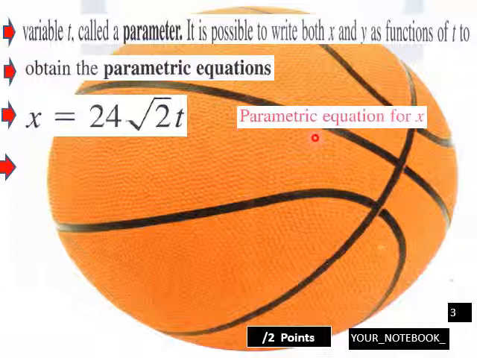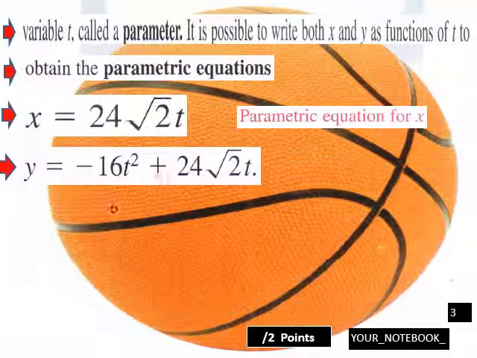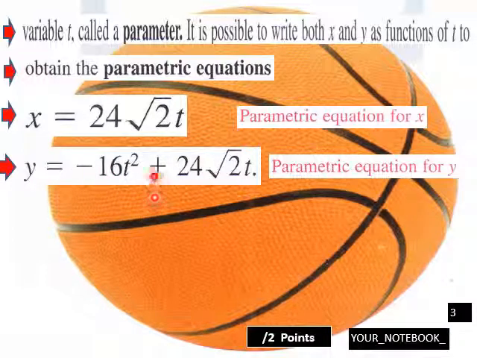So this would be called a parametric equation. We're going to alter it with this t here. Then y equals negative 16t squared plus 24 radical 2 times t. This would be the parametric equation for y, and the parametric equation for x, with this t here.